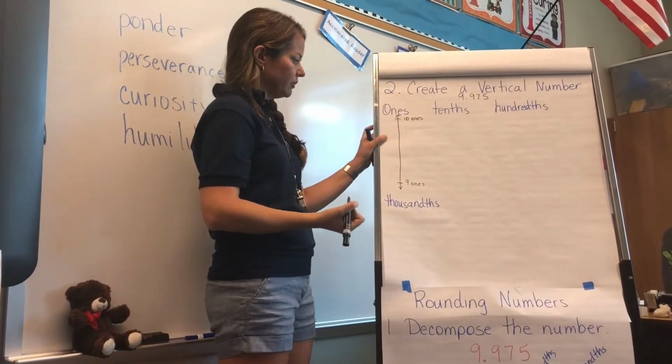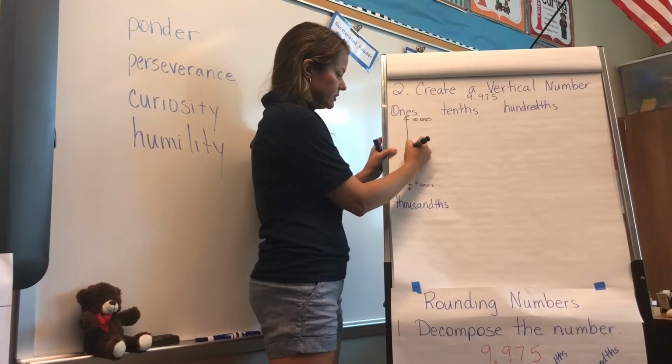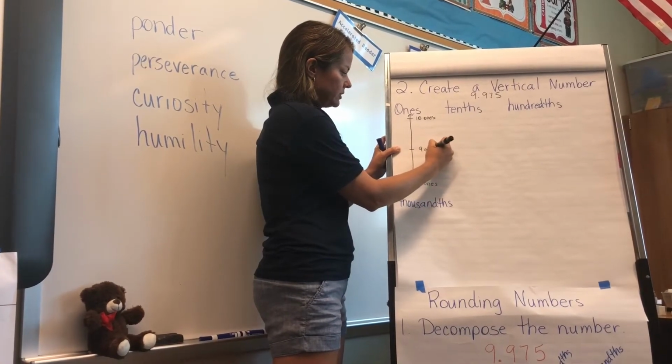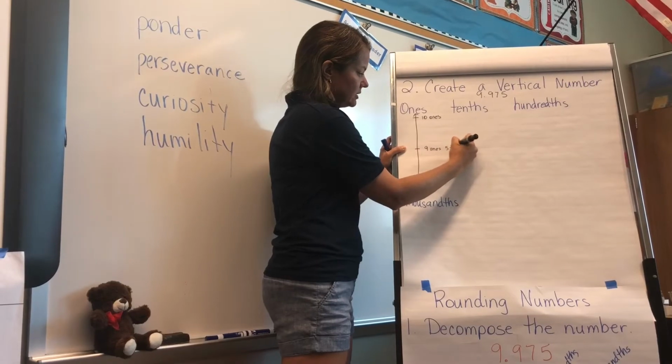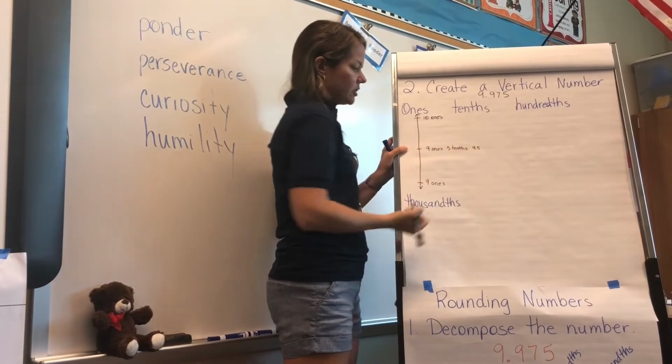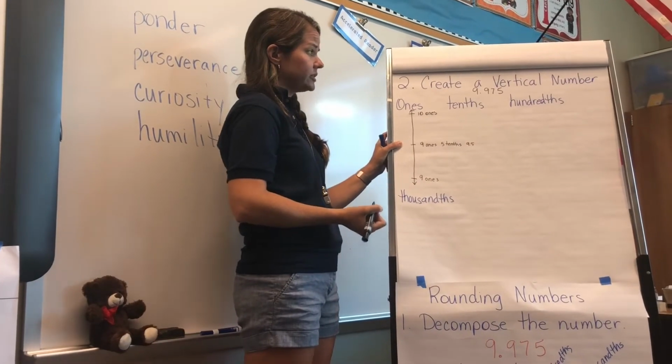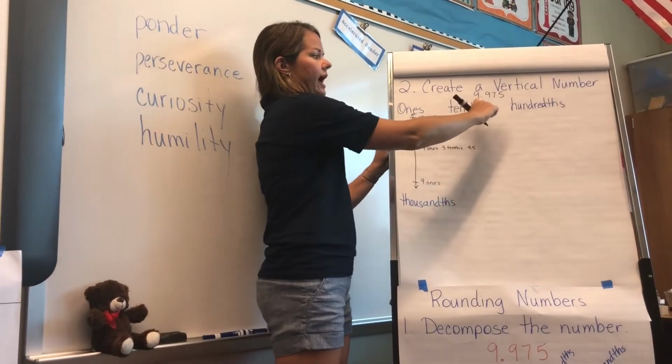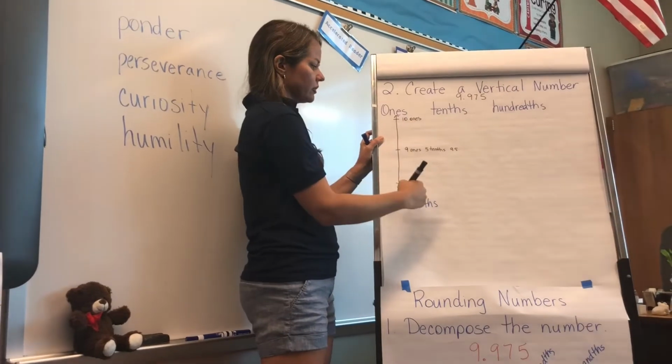Then we figure out our halfway point, which would be 9 ones and 5 tenths, or 9.5. That's our midpoint. Now we need to put the actual number that we're rounding onto our vertical number line.